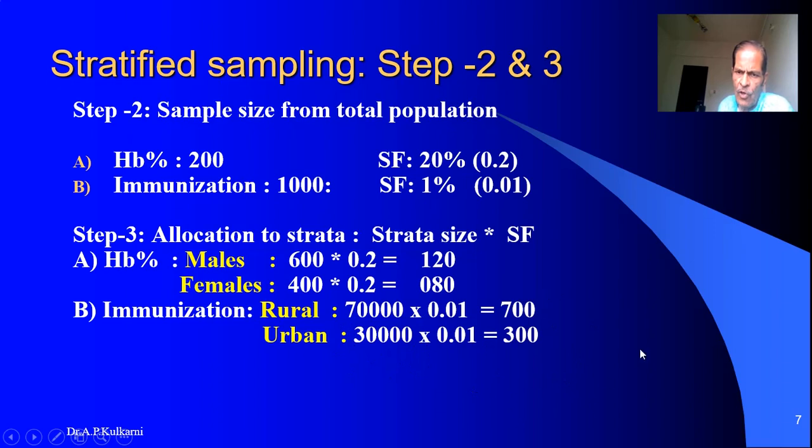From them, we have to draw a sample of 300 individuals. This is done either by simple random sampling or by systematic sampling. So from this rural population, if the simple random method is adopted, then for this strata also the same method has to be adopted, that is simple random.